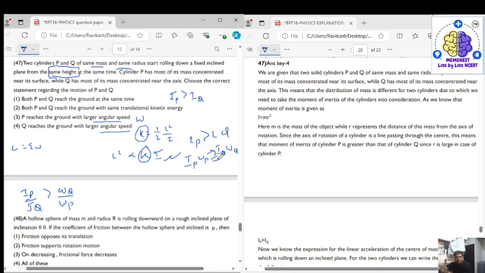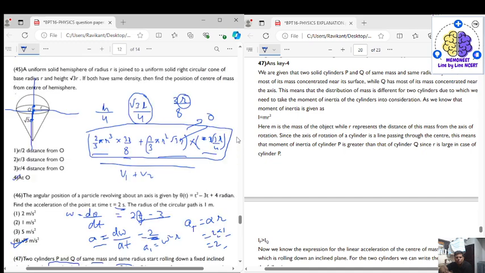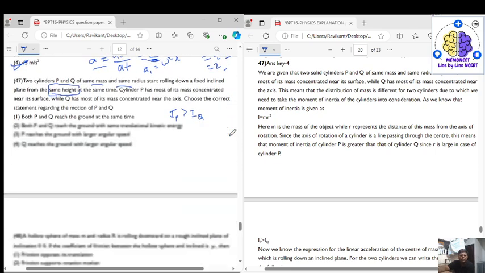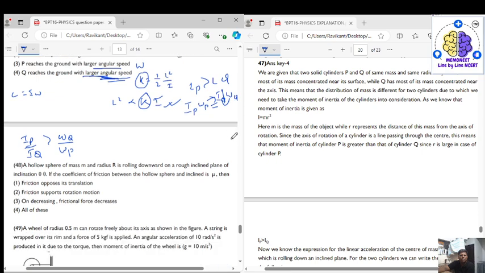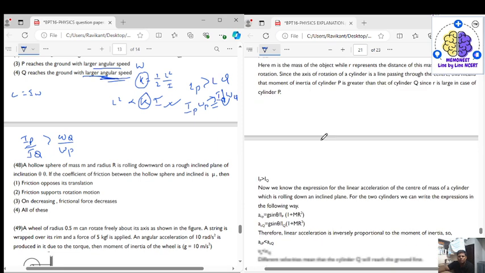So what we conclude from here is that the angular speed for Q will be larger, right? For Q will be larger. Why? Because this I is small. When I is small, omega will be more. Omega will be more.